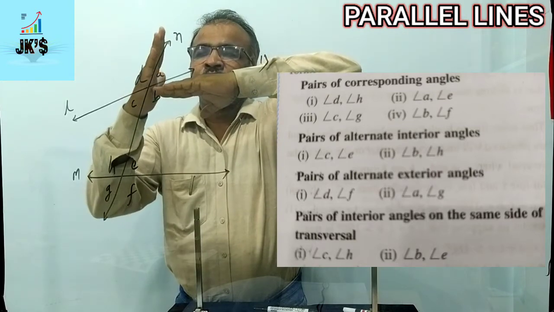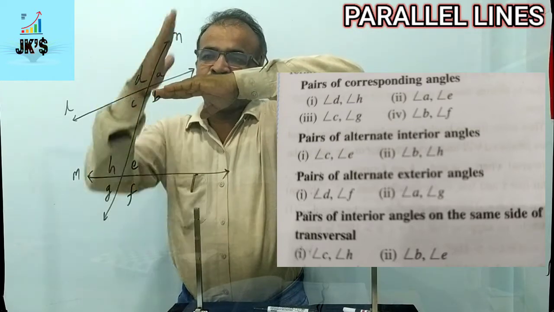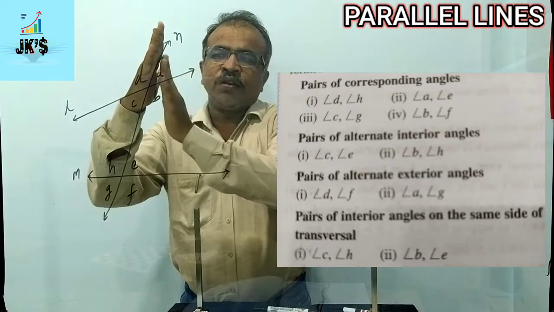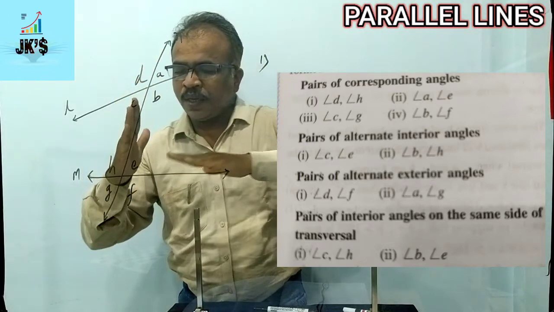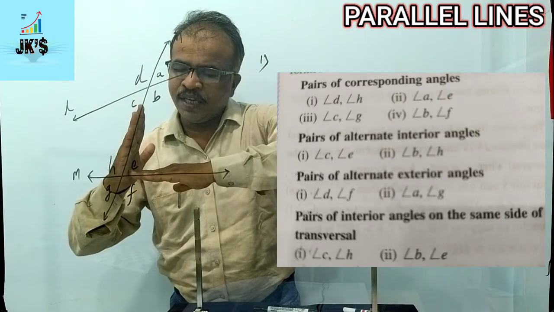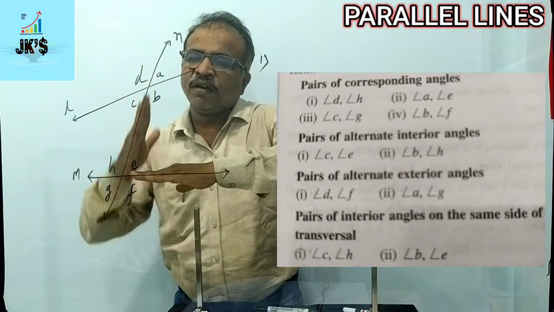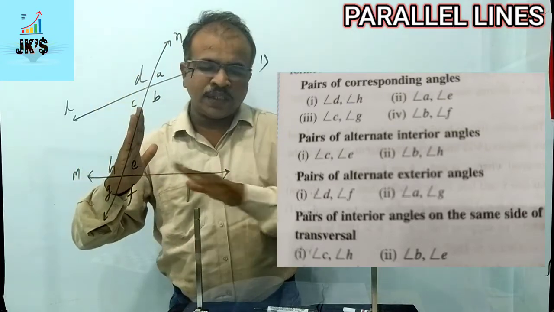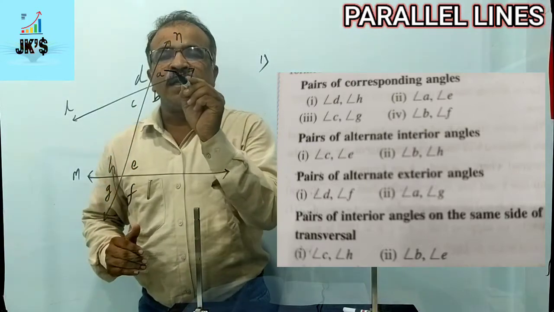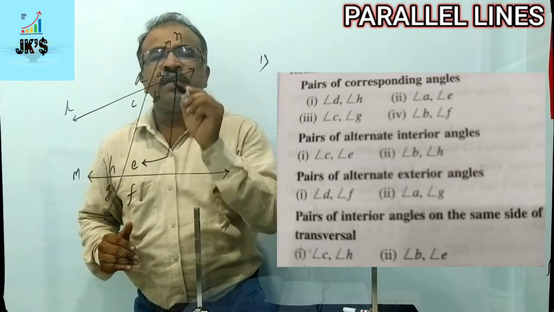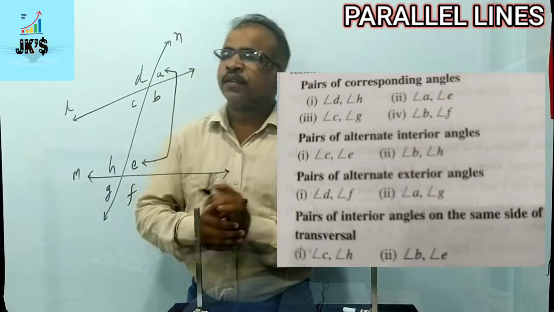The side on the transversal is in the upward direction, and the remaining side is on this side of the transversal. Similarly, for angle E, the side on the transversal is in the upward direction, and the remaining side lies on the right side. Hence, angle A and angle E are one pair of corresponding angles.